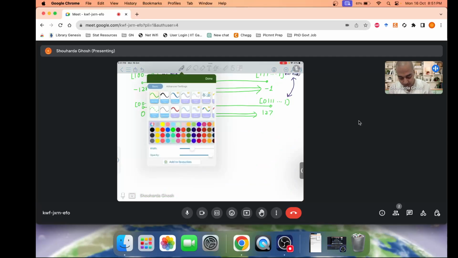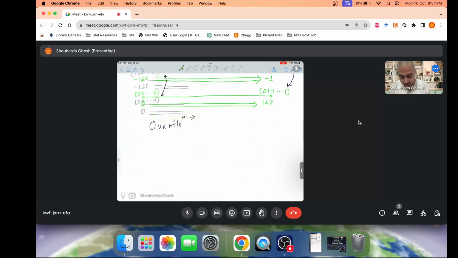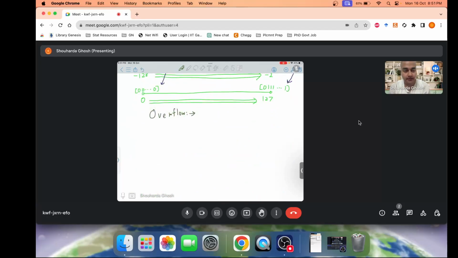So let me give an example of overflow. We are dealing with integers for now. Let's talk about 4-bit numbers. What is the range of 4-bit numbers? That's -8 to 7, right?